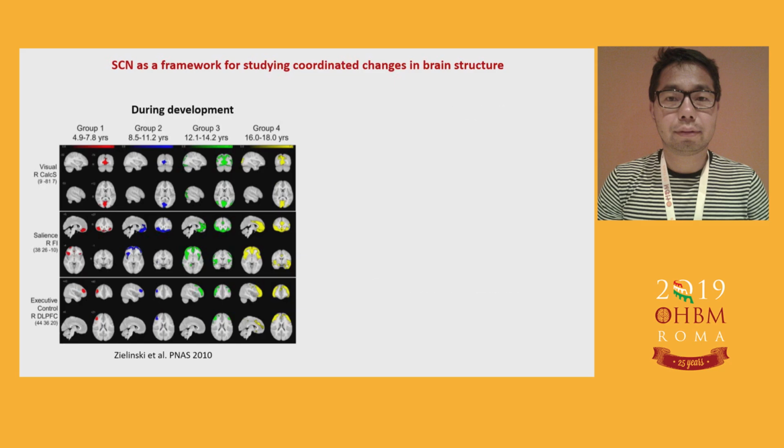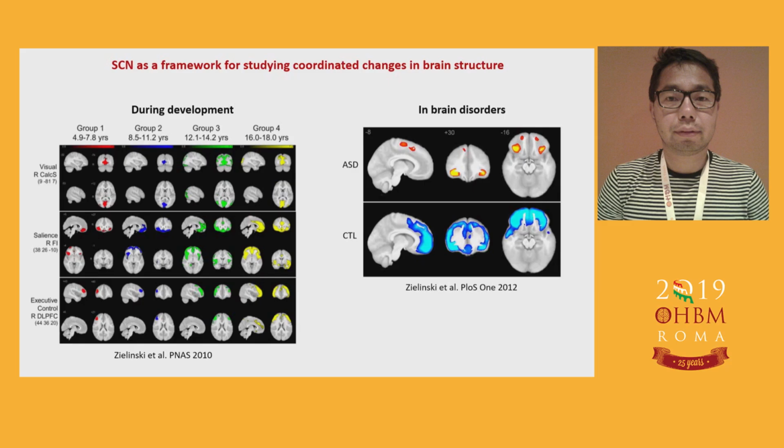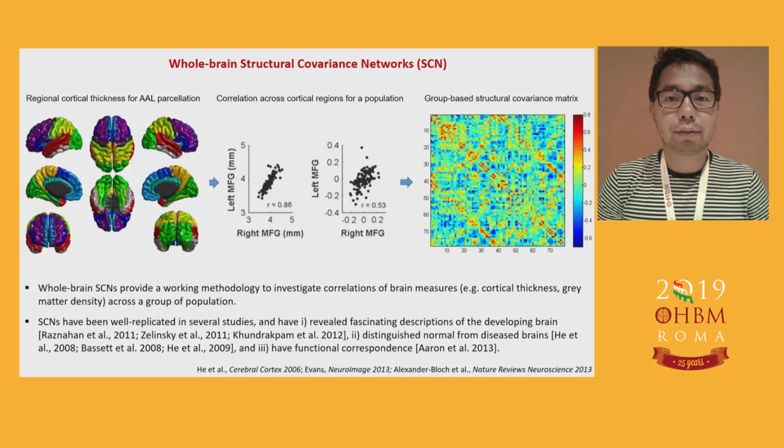In another example, compared to controls in ASD, you see a remarkable decrease in the structural covariance networks, which is quite profound in itself.